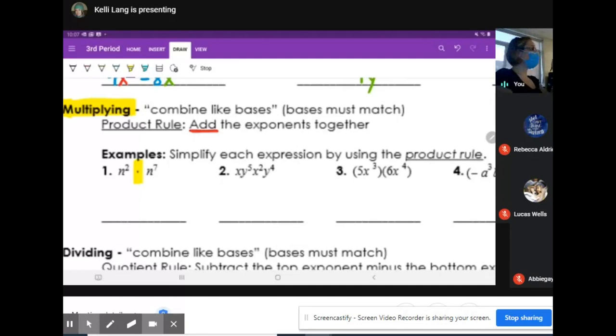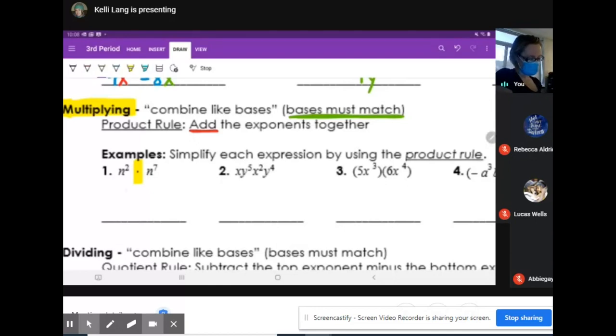But what we're going to do with the exponents is add them. So the first thing we need to make sure of is that our bases are matching. If they don't match, we're not allowed to put them together. It's kind of like terms. They have to match before we're allowed to add them. Well, here with multiplication, our bases must match before we're allowed to multiply them.